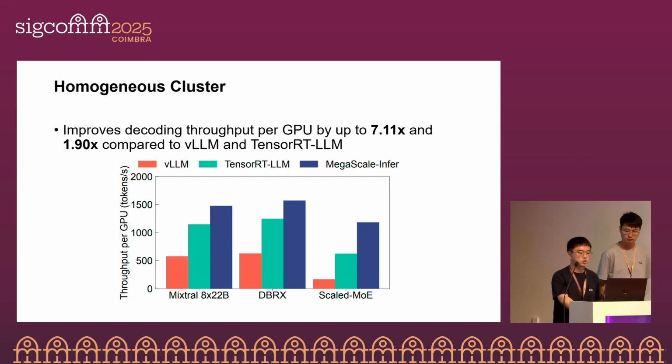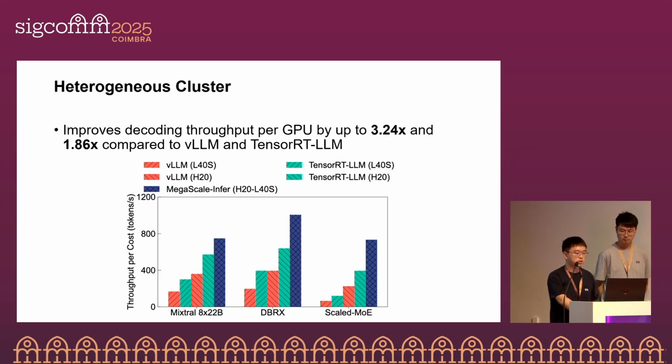In the case of homogeneous deployment, MegaScale-Infer expands the number of attention nodes through disaggregated expert parallelism. This increases the batch size per expert and improves GPU utilization. Compared with vLLM and TensorRT-LLM, it achieves up to 7.11 times and 1.9 times higher per-GPU decoding throughput.